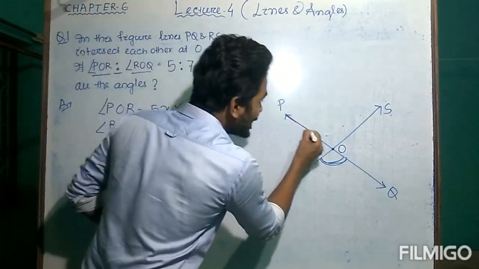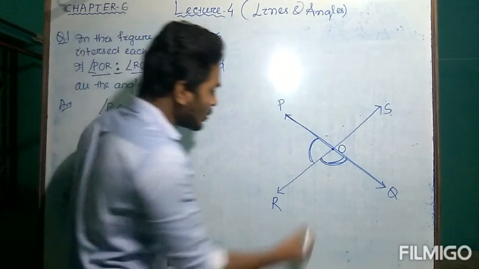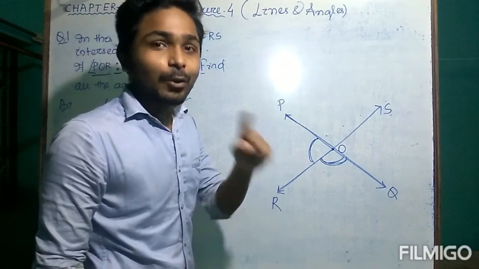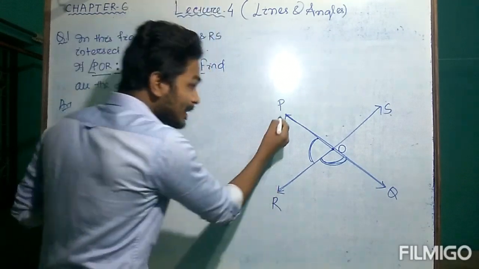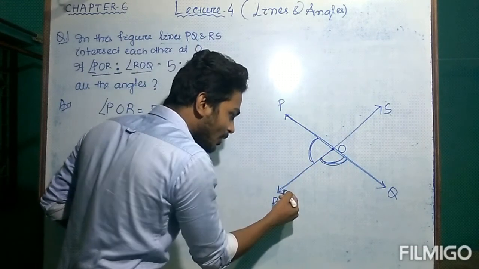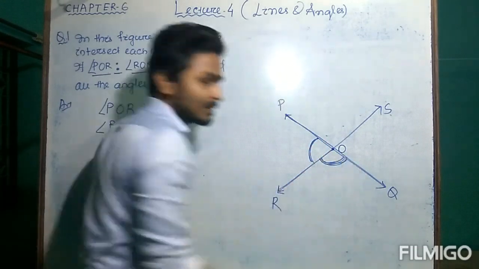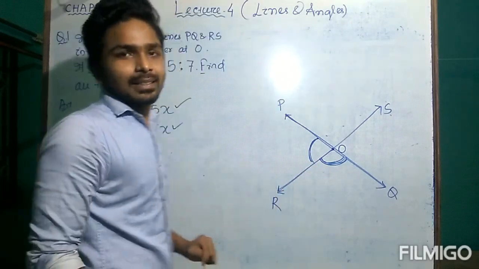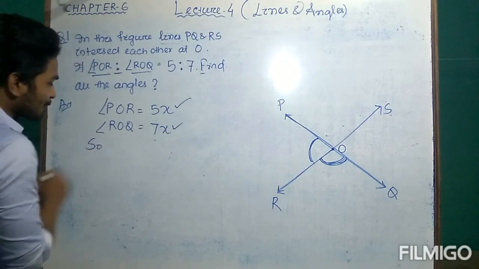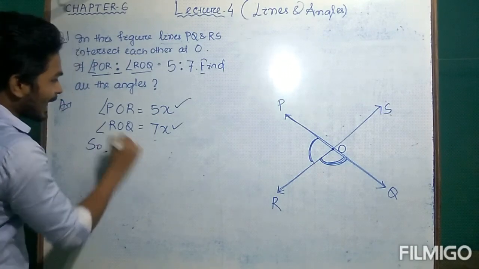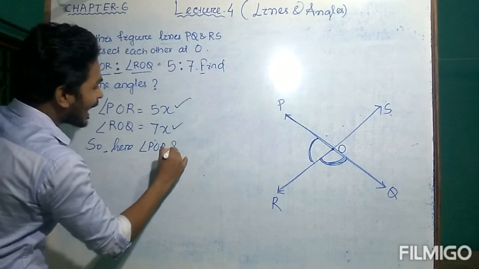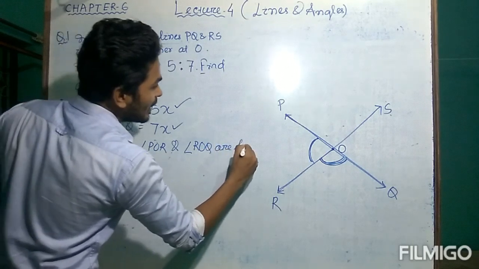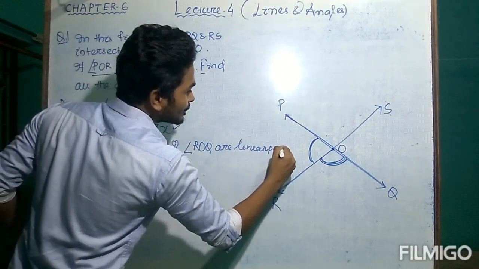Because PQ is a straight line on which OR is a ray which stands on this straight line. And according to the axiom number 6.1, if there is a straight line and another ray stands on it, then the 2 angles formed, or the 2 adjacent angles formed, are known as linear pair angles. Okay, so you can write, here angle POR and angle ROQ are linear pair.